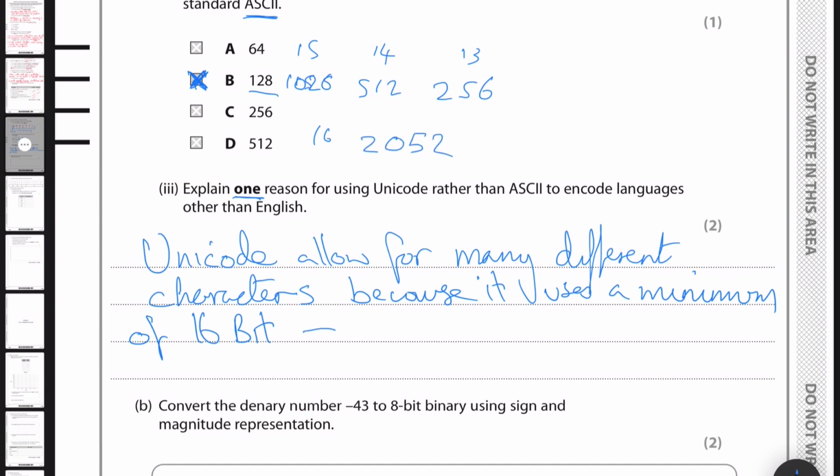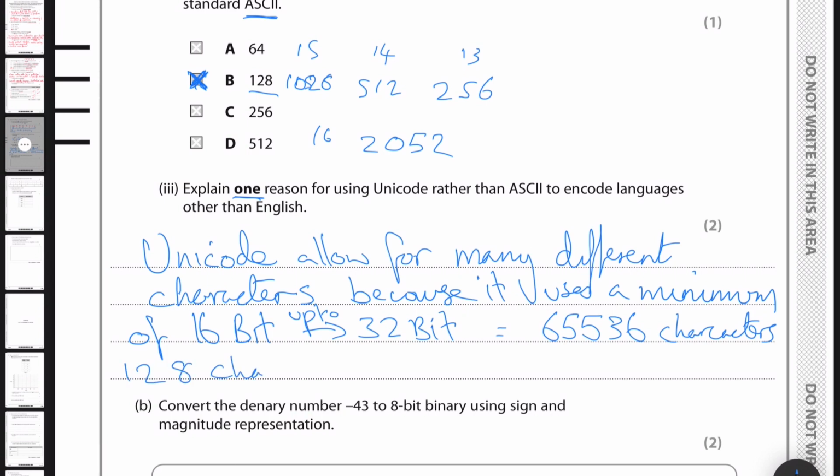But it goes from 16 bits all the way up to 32-bit, which would give us many, many characters, somewhere in the region of 65,536 characters. So Unicode allows for many different characters because it uses a minimum of 16 bits up to 32-bit, equaling 65,000 characters. Okay, so that would give us the mark there.